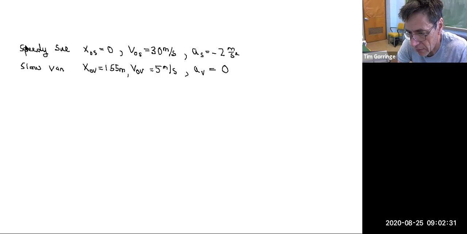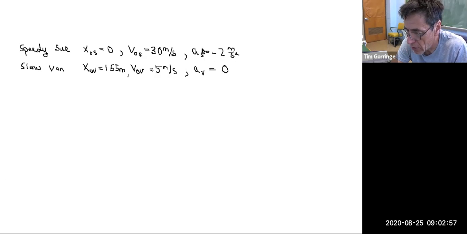Upstairs, here's the data for the car. In the problem, we're told, here's the initial location of the car. I'm going to just call it the origin. Here's the initial speed of the car, 30 meters per second. And then here's the acceleration of the car.